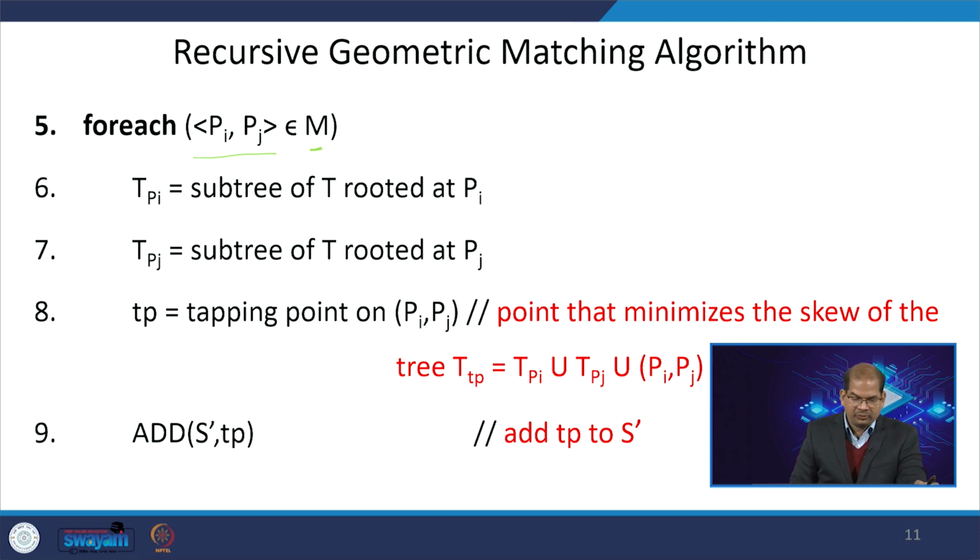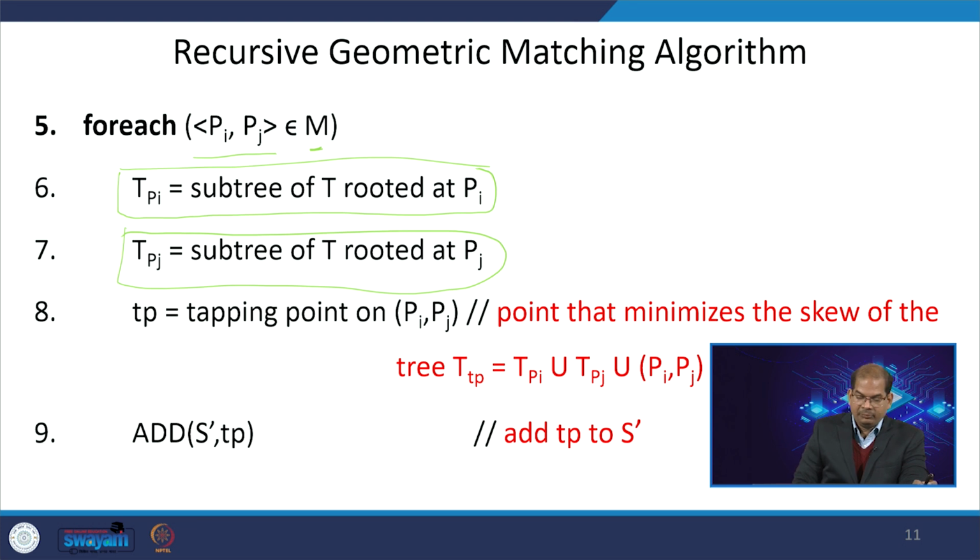Okay. So, we already have a subtree of T rooted at Pi, okay. Then we have Pj which is a subtree rooted at Pj. Then we are creating a tapping point between Pi and Pj, okay. Then we create an updated tree.